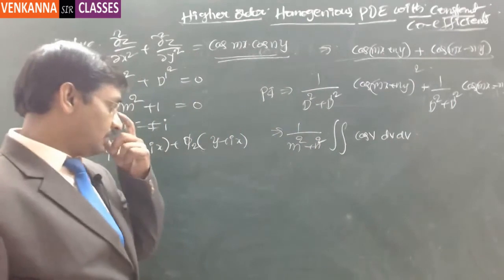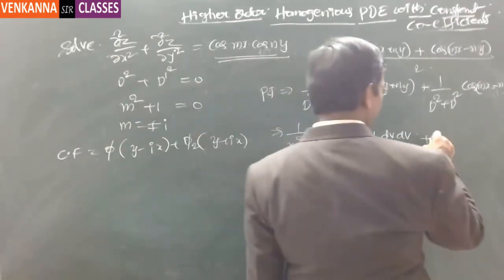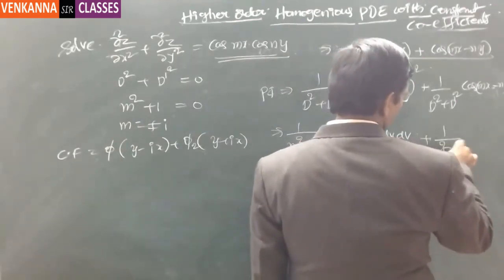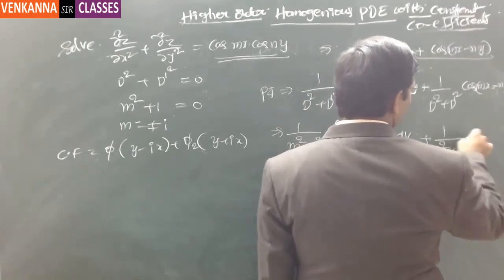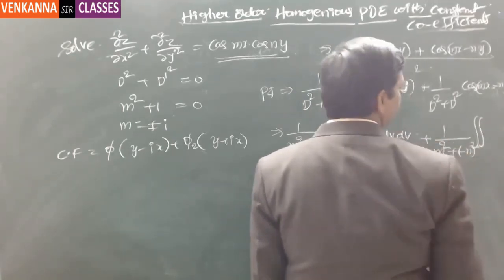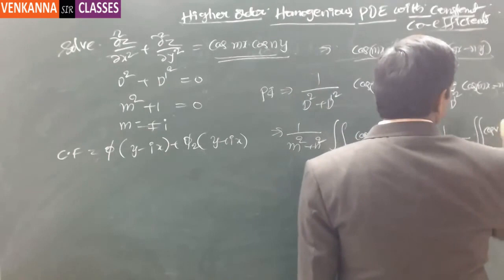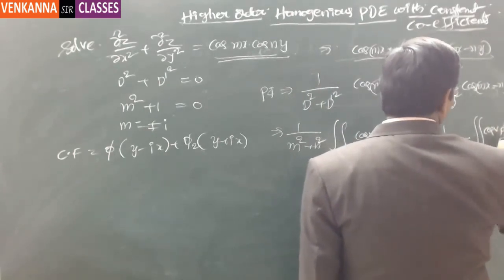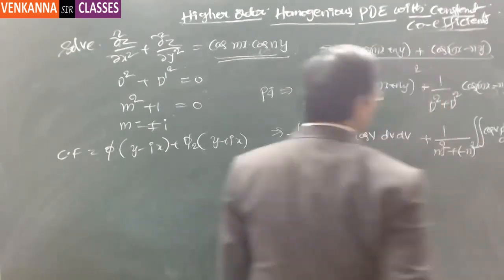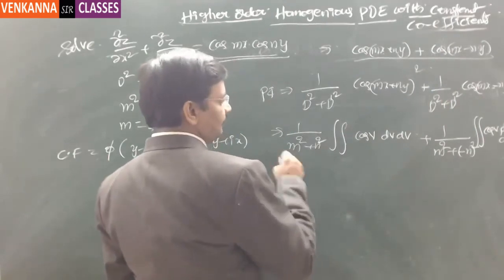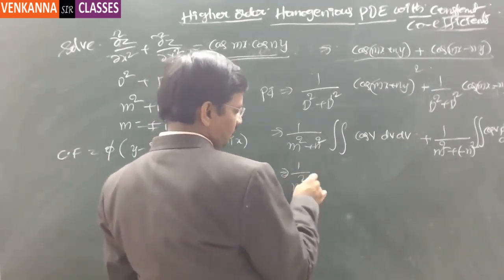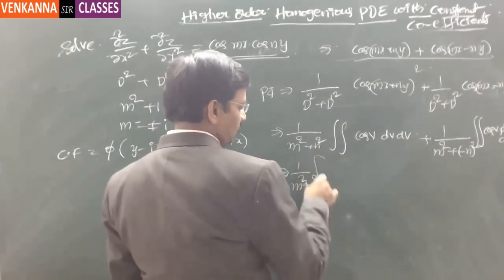Got it? Similarly, here also 1 by (m square plus n square) and 2 times integral of cos v1 dv1 dv1.